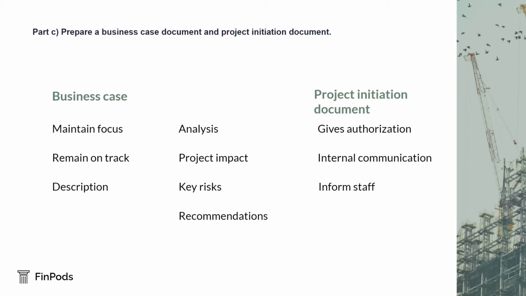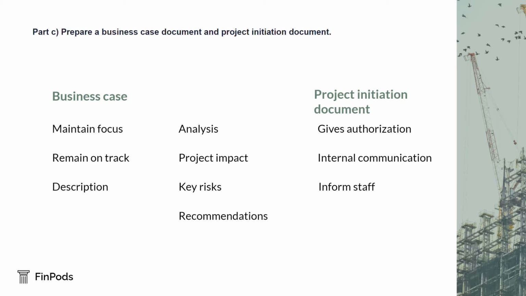The exact content of a project initiation document will vary from organization to organization and from project to project, but some elements are likely to be present, including project title, project purpose and objectives, project start date and expected finish date, details of the project sponsor and project manager, authorization by the main stakeholders.